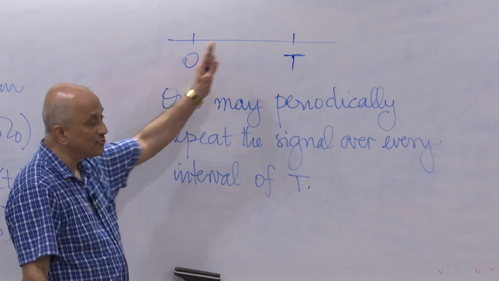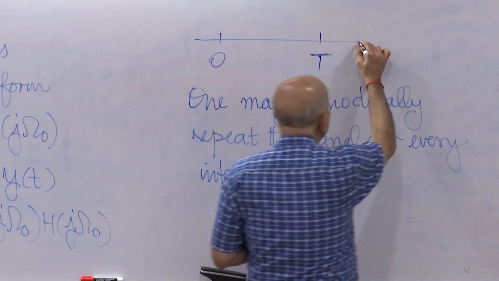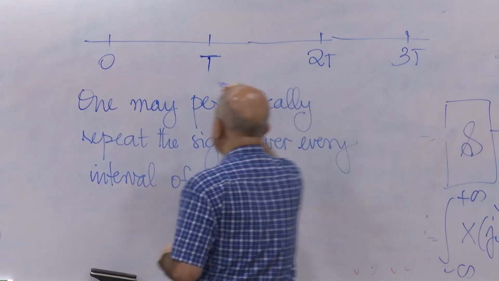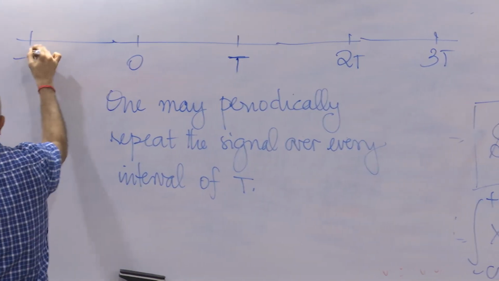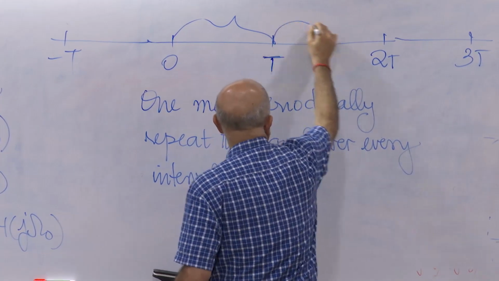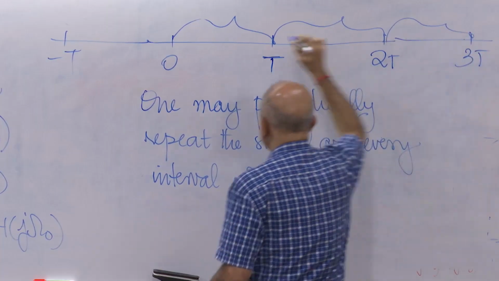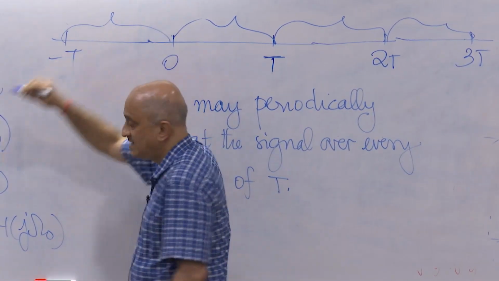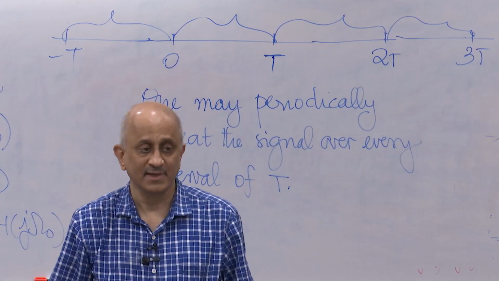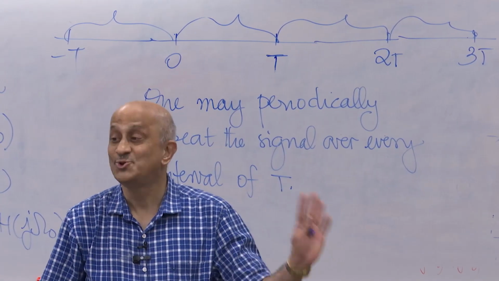So what you are doing from 0 to t can be repeated from t to 2t, from 2t to 3t, and so on, and from minus t to t, and so on and so forth. Whatever you have here is brought here, is brought here, and so on. And we are all the time interested only in what is between 0 and t. So we don't mind doing this.